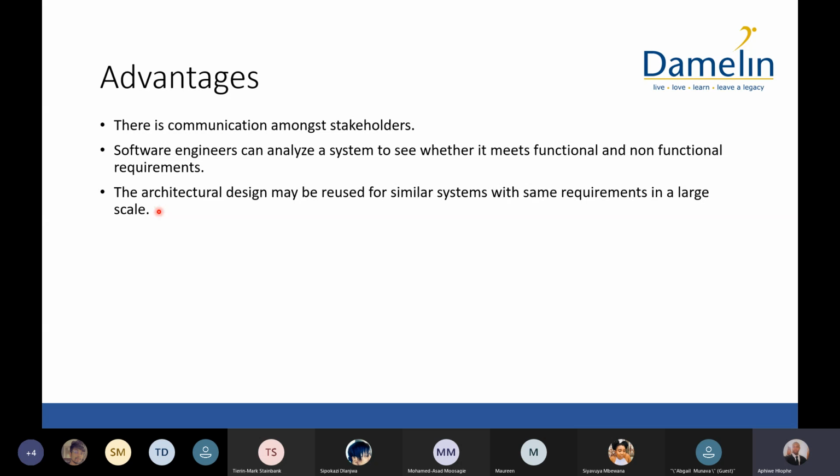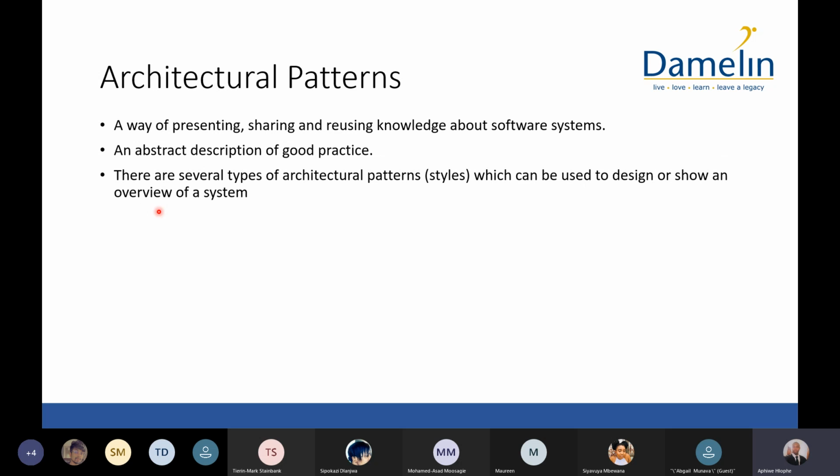If you are a bank and you want to start an ATM system, and you reuse the architecture of a system that's created by another bank, you're not going to keep the user interface design the same. You're going to keep the architecture of the system the same, but the UI will change. So these are the advantages: architectural design can be reused in different case studies.